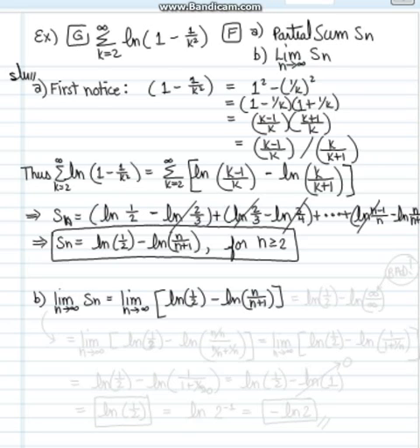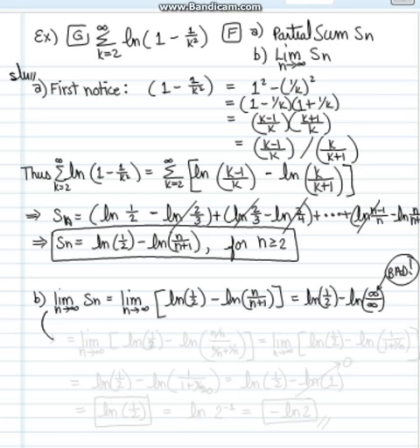Well, if we did a direct substitution, we would get the natural log of 1/2 minus the natural log of infinity over infinity, and that's bad. We don't want infinity over infinity, so let's make an adjustment.